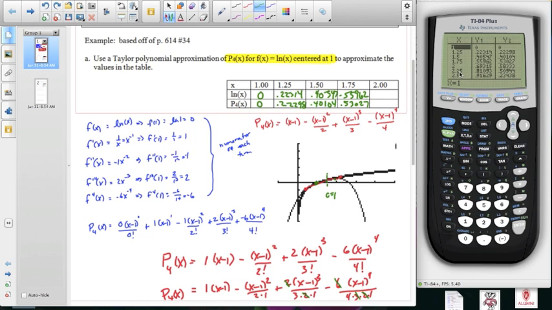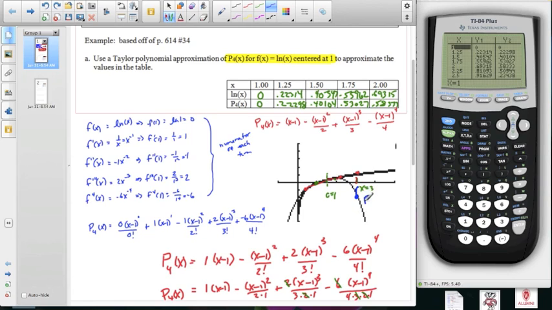And so as we look at 2 here, we get 0.69315. And the approximation is 0.58333. You can see that disparity gets bigger and bigger to the point where if we come out here at a value of x equals 3, we can see that our actual value, the natural log of 3, is up here, but our approximate value, if we would use our P4 approximation, would be way down here.